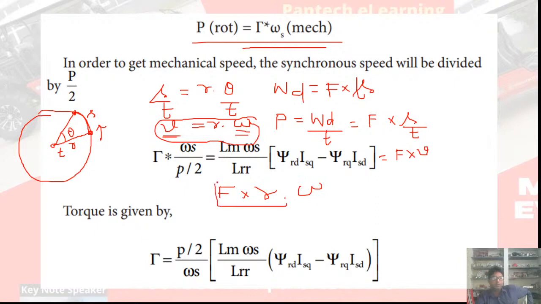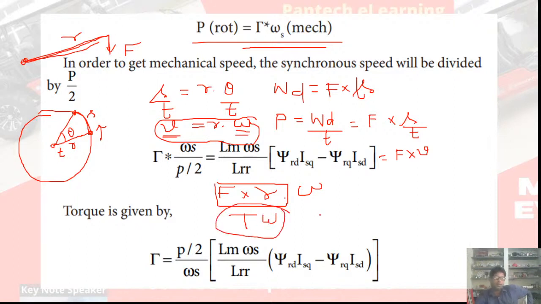What is this F into r? So force is applied like this. This is the F and r. So this creates one couple. This is basically torque. So basically your power is nothing but the product of torque and angular speed. But this power is basically coming from the rotor shaft.